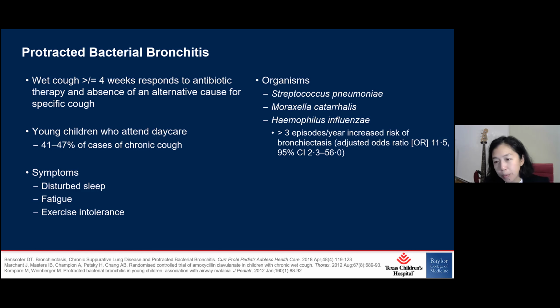I will talk a little bit more about bronchiectasis later in the talk. But if you remember from the previous slide, bronchiectasis is one of these long-term sequelae that we really worry about from chronic aspiration. Talking to my pulmonary colleagues, PBB has probably been around for a long time, but our attention is a lot more on it now because of this concern about progression to bronchiectasis long-term.